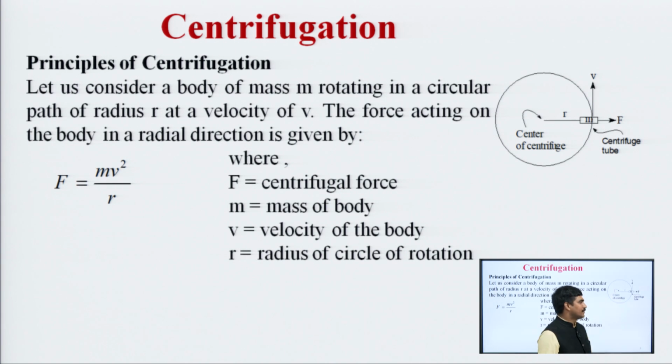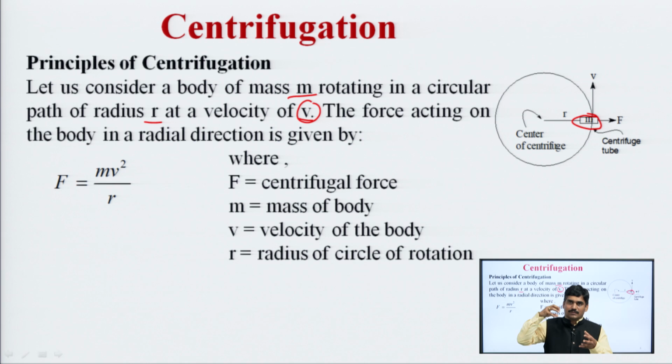Let us consider this is the centrifuge tube which is rotating. So, let us consider a body of mass m rotating in a circular path. The radius of rotation is r and the velocity is v.